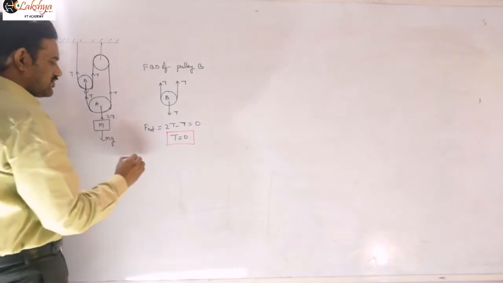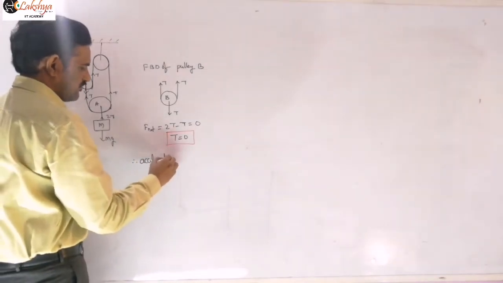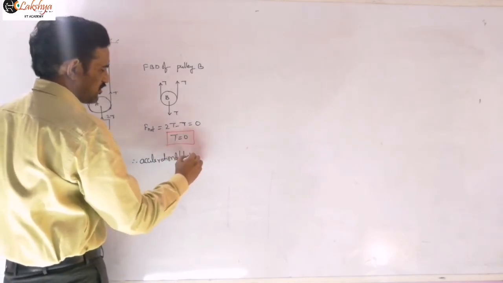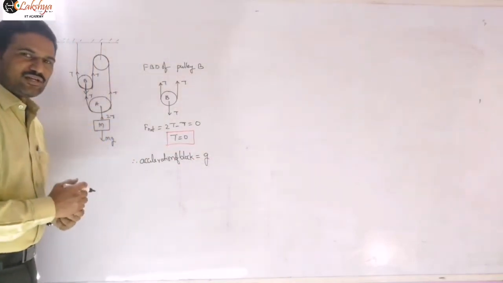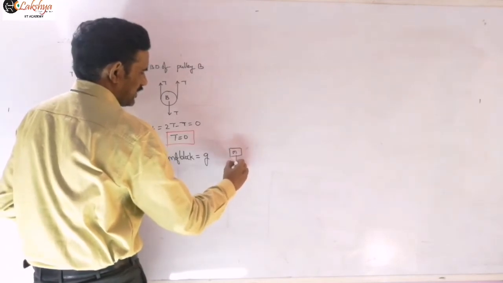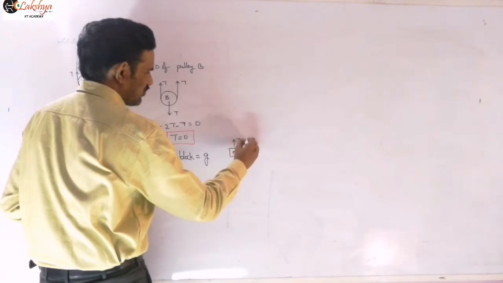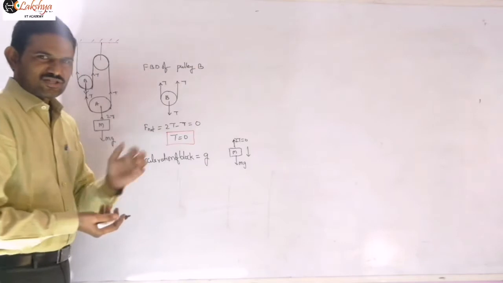Therefore the acceleration of the block is equal to g. Is it clear why it is g? Because in the FBD, mg is there and it is moving down. The tension is equal to 0. Actually tension should be there, whether 2T or T, but we are saying the tension is 0.